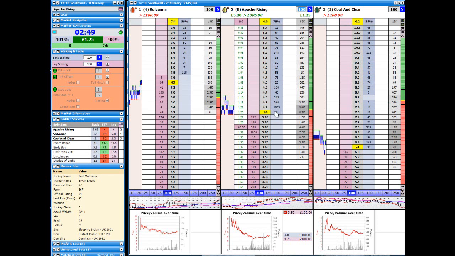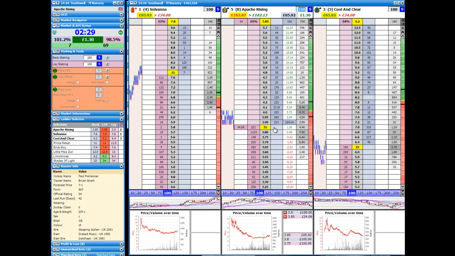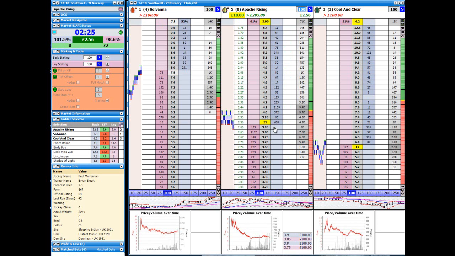But you'll see here on the back price, maybe even the same person, he's got 1,800 quid at 4.1. Now, is that genuine money or not, or is it just a lump of money designed to manipulate the downward or upward movement of the prices here? Again, it disappeared, but then it's back in at 4.1, at £2,000 there.